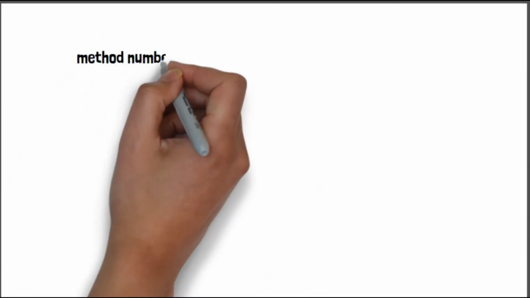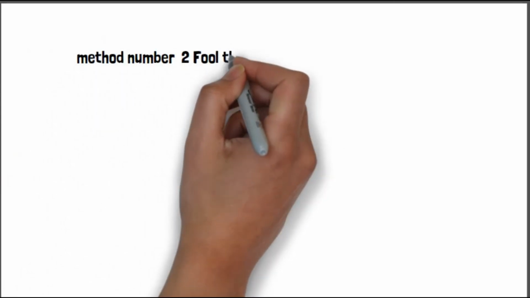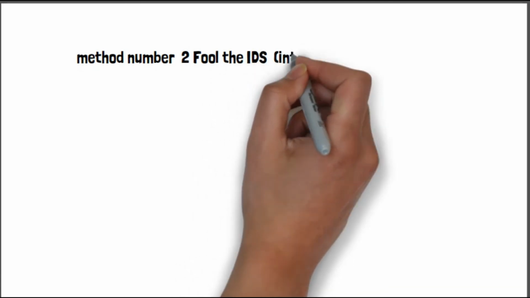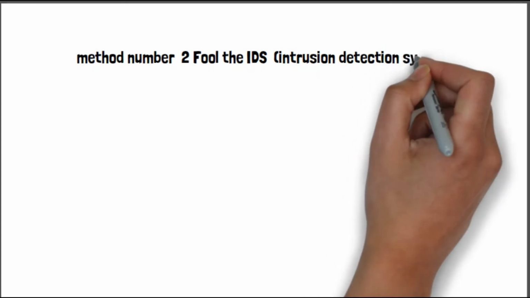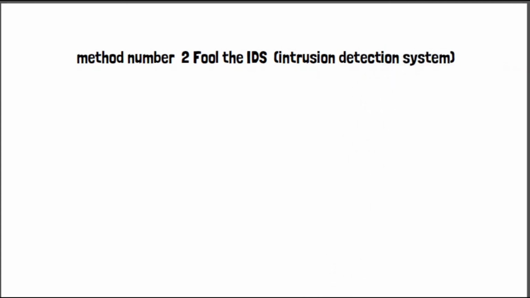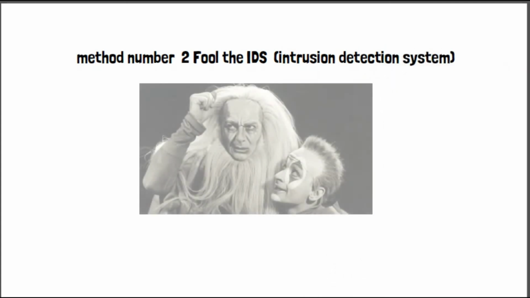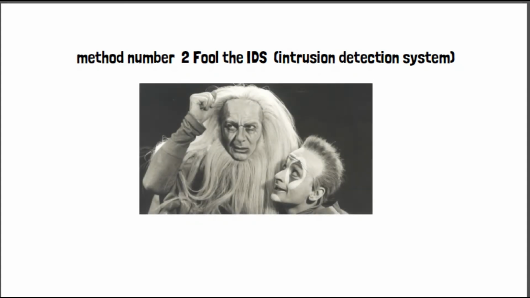Let's talk about method number 2, fooling the IDS, the intrusion detection system. The intrusion detection system is software which monitors the malicious activities in the system.